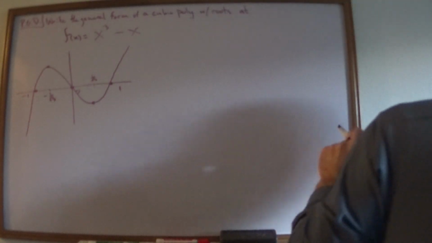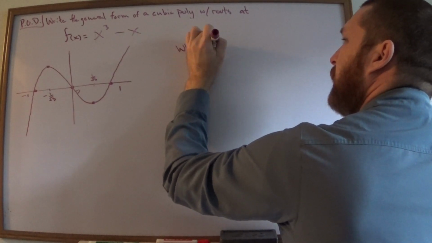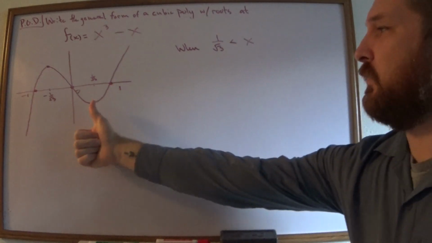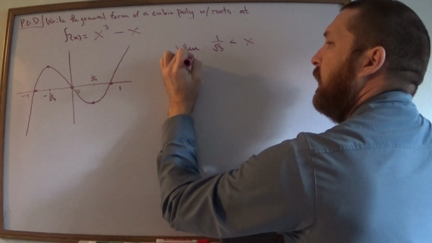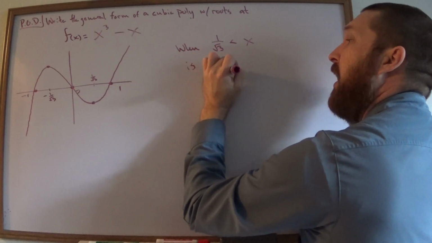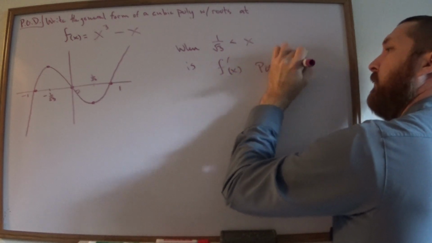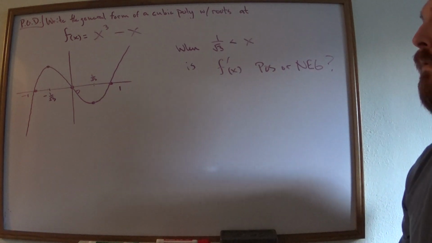And here's the question. When x is bigger than root 3, so when we're over here, is f prime of x positive or negative? Positive. How do you know? Because the slope is positive.